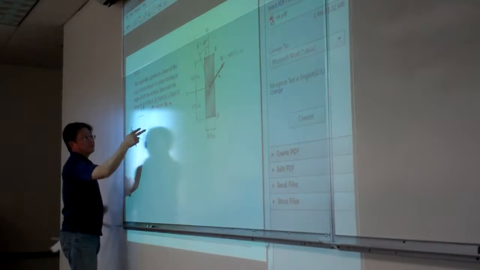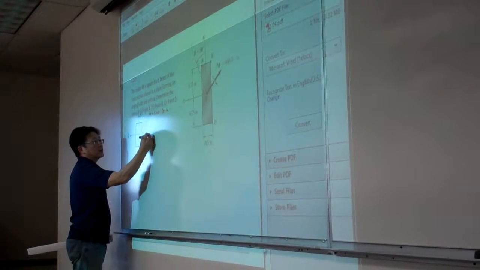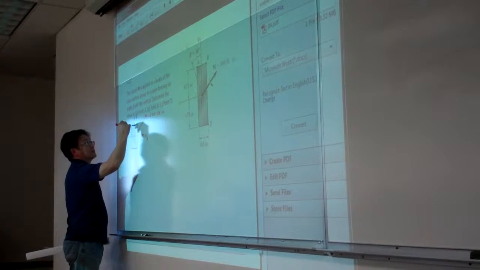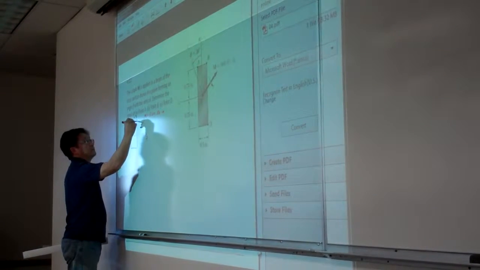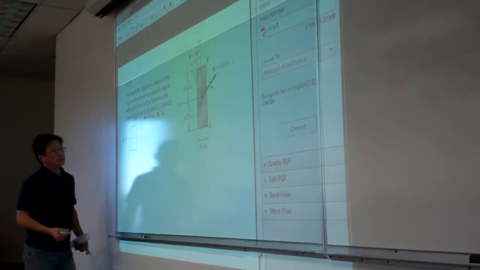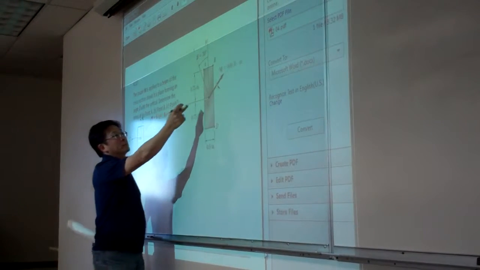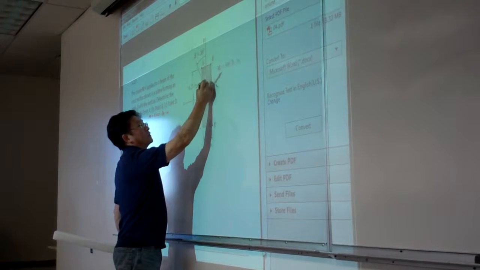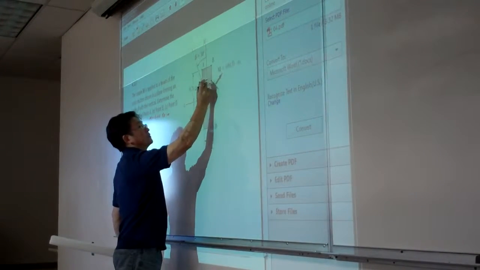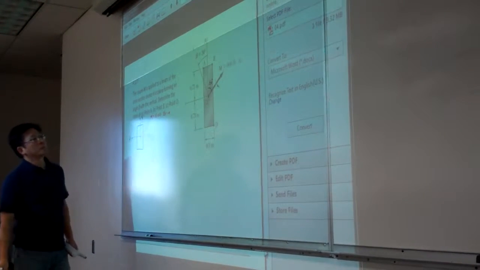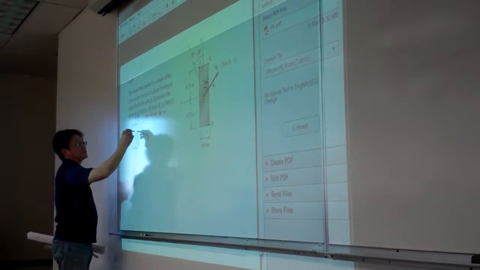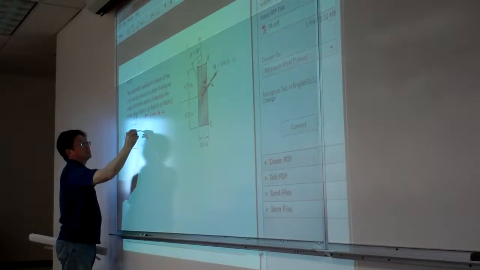So this is the amount in the z direction, so we call it Mz. This is the amount in the y direction, we call it My. And by calculations, this angle is 30 degrees, so this angle is 60 degrees.